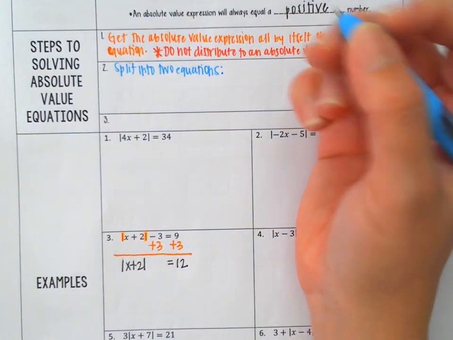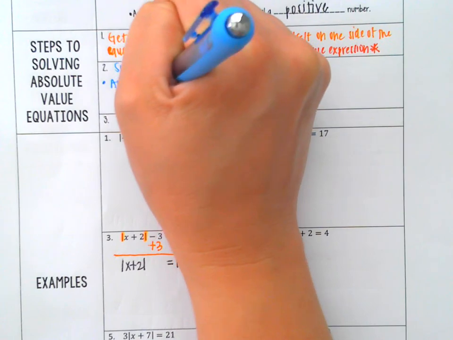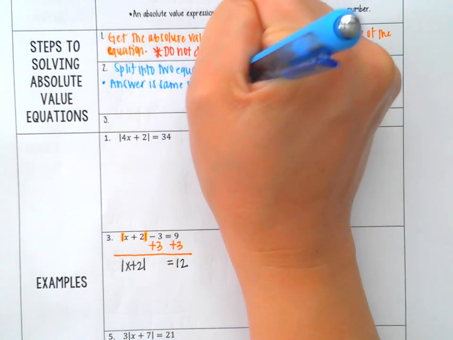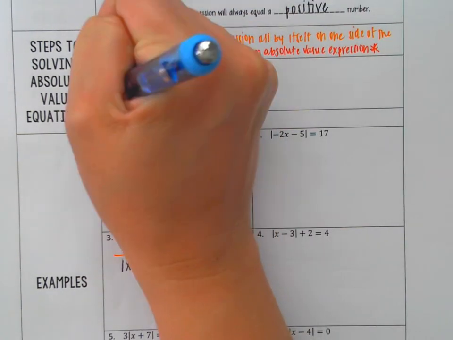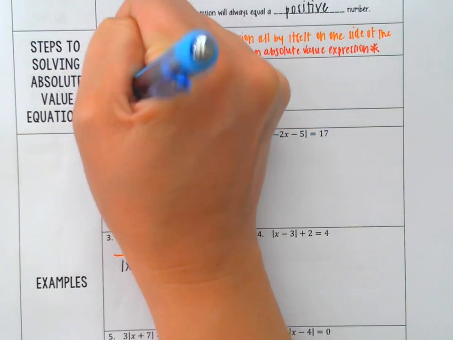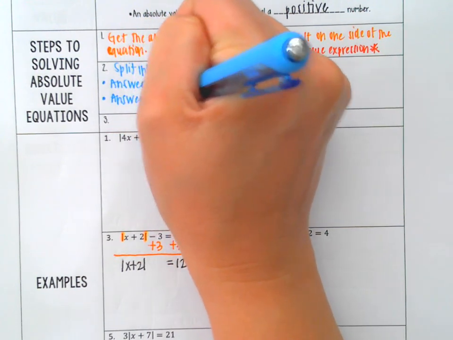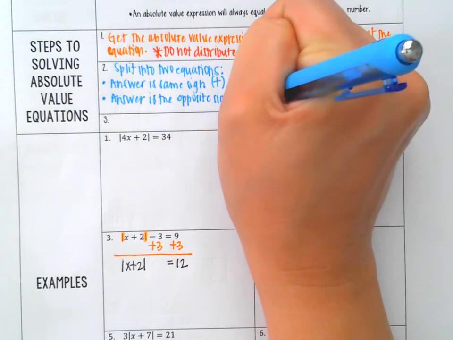One where the answer is the same sign, which it should always be positive when the absolute value is equal to this number. If it's not positive and it's negative, we need to look at that and something's wrong. So we'll talk about that. And then the second equation is where the answer is the opposite sign, which it should be negative.